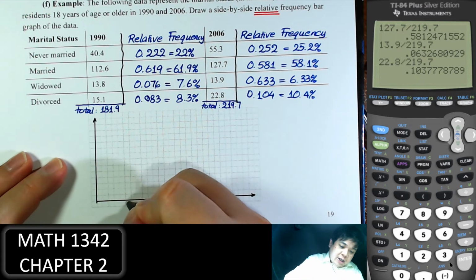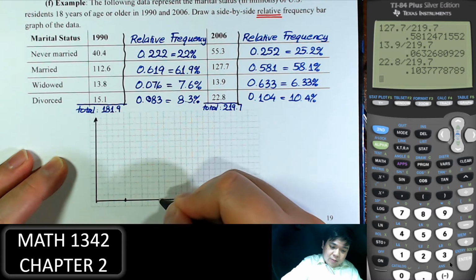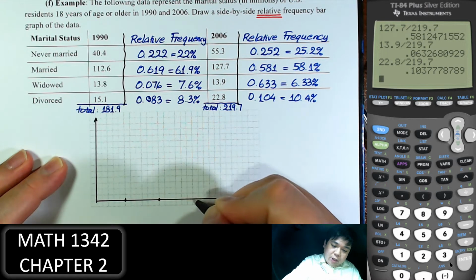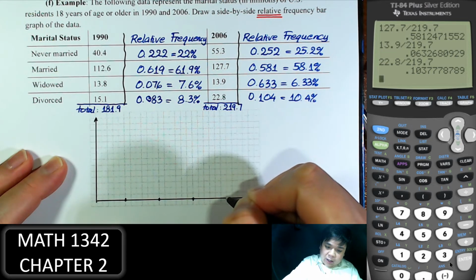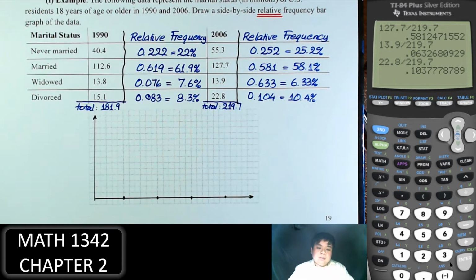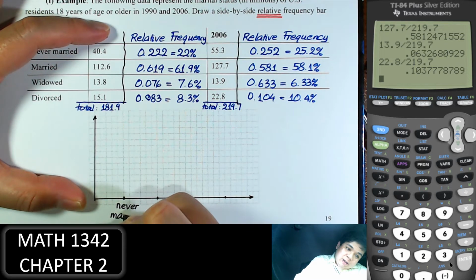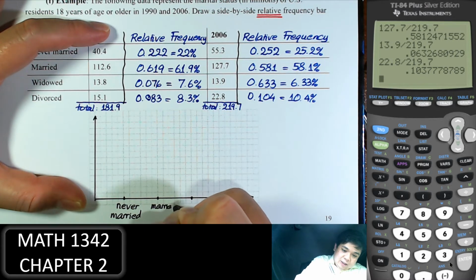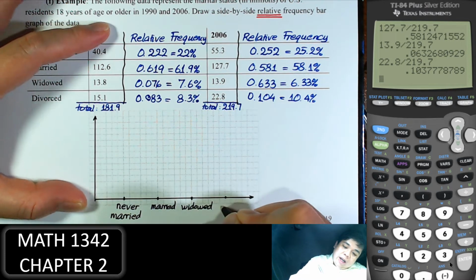So we just say category 1, 2, 3, and 4. Just label them: never married, married, widowed, and divorced.